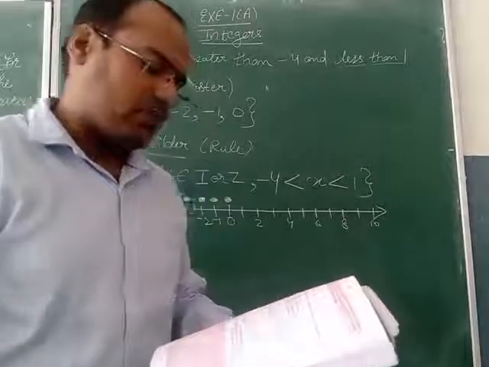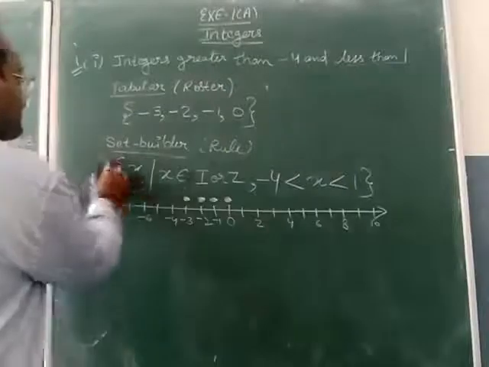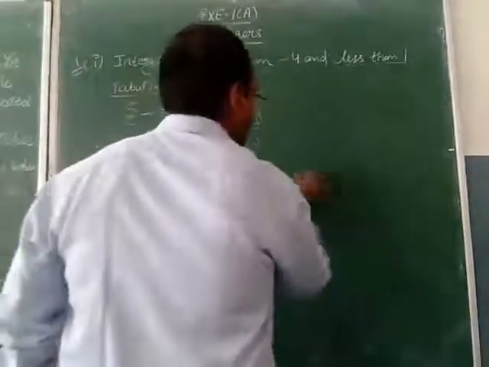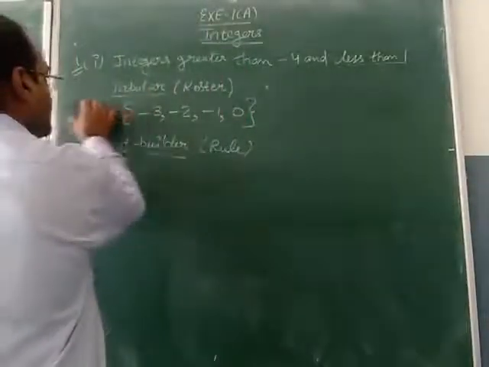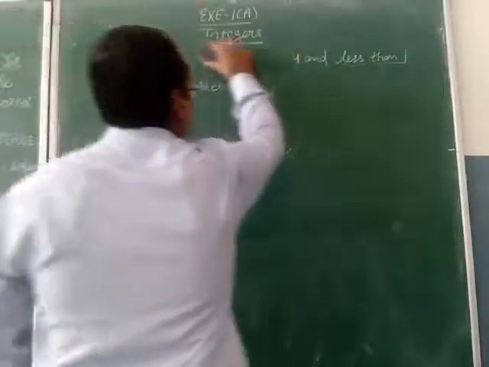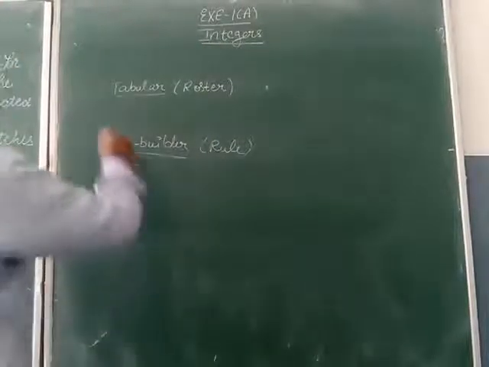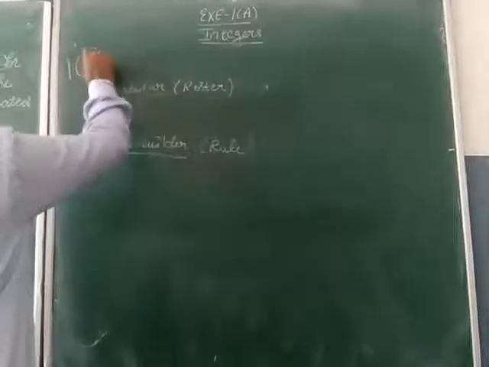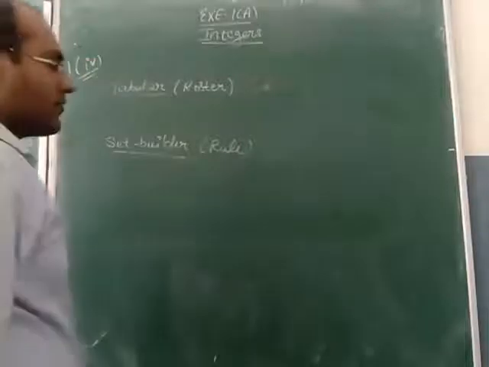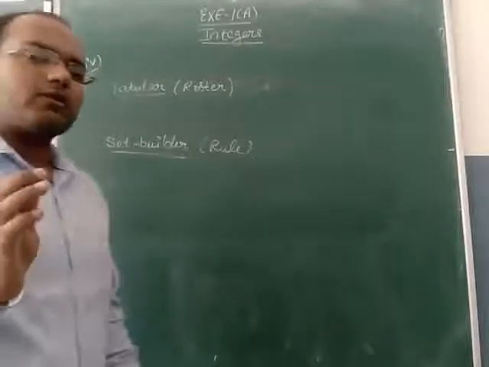Now see part number 4th. First question, 4th part. We have to write both tabular form as well as set builder form, and then we have to draw the number line also.